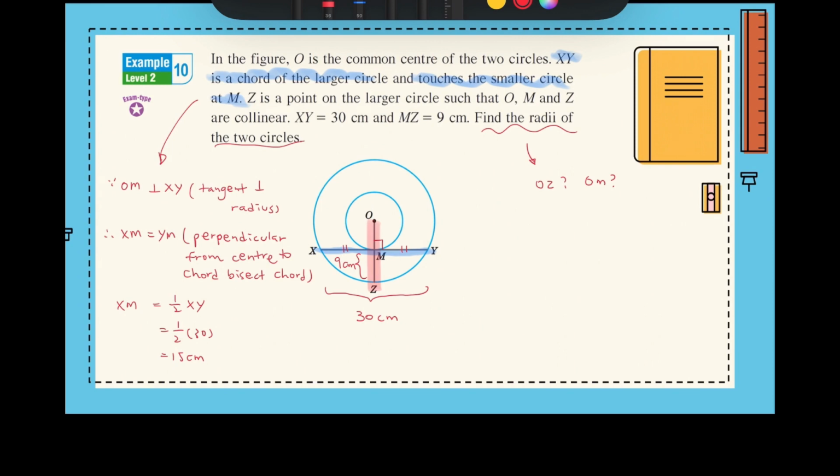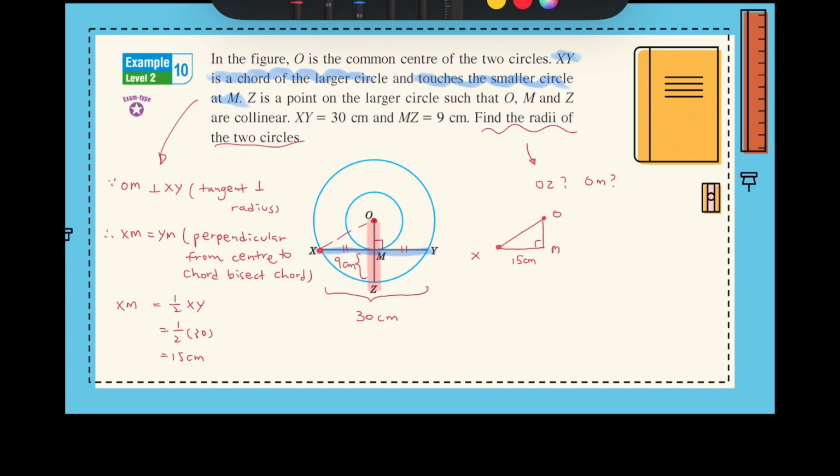So how can we find it? Using the information you have got, maybe if we add this line here, it will make things clearer. Draw out XO. So we got a right angle triangle, XOM. In this triangle, XM is now 15 cm, and we do not know what OX is, and we do not know what OM is either.